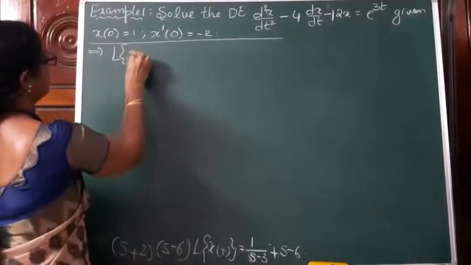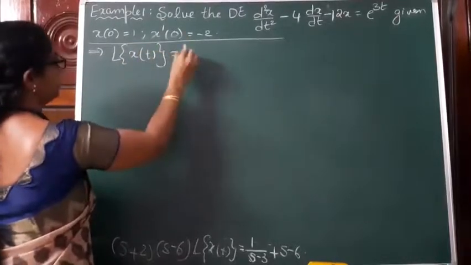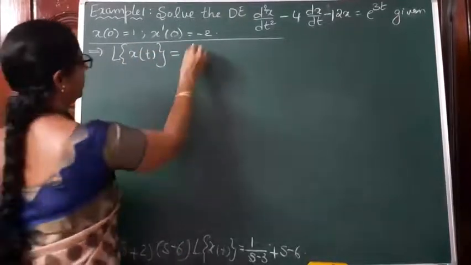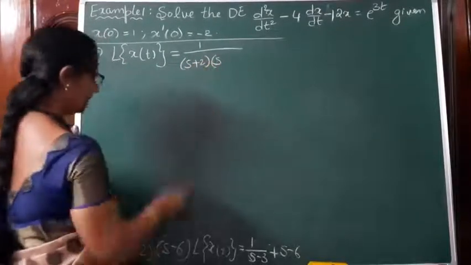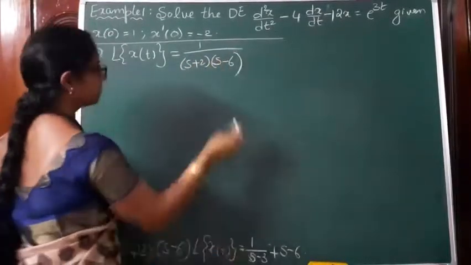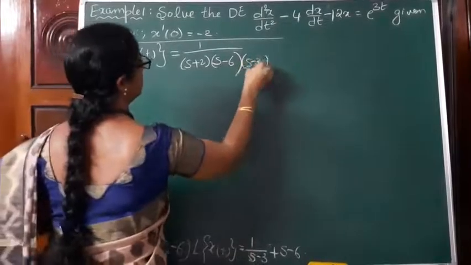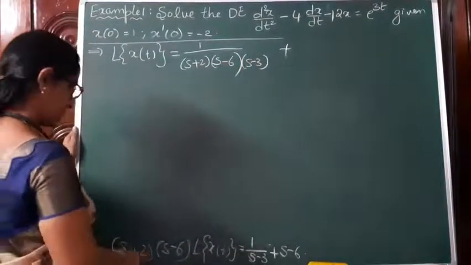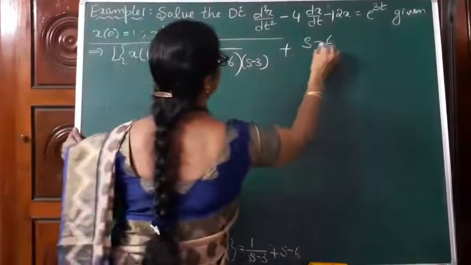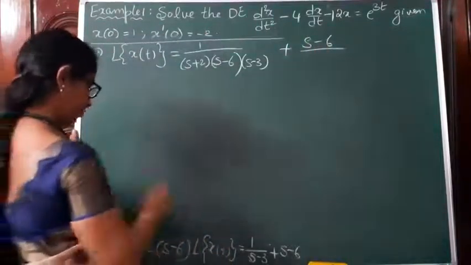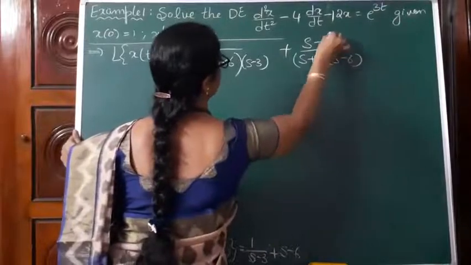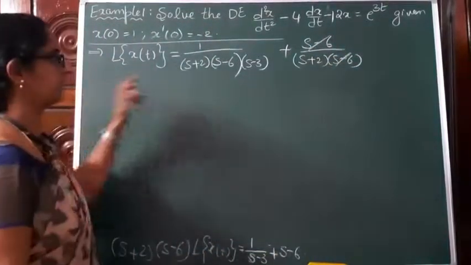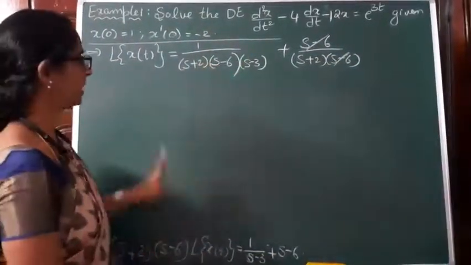L of x of t can be written as 1 by s plus 2 into s minus 6 into s minus 3 plus s minus 6, by s plus 2 into s minus 6. Here s minus 6 and s minus 6 get cancelled. We have only 1 by s plus 2 there.